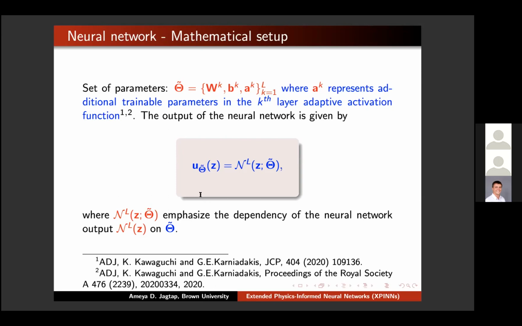That's the idea behind the adaptive activation function. The output of the neural network is given by this expression here, where this term emphasizes the dependency of the neural network on the input vector z and the trainable parameter theta tilde.